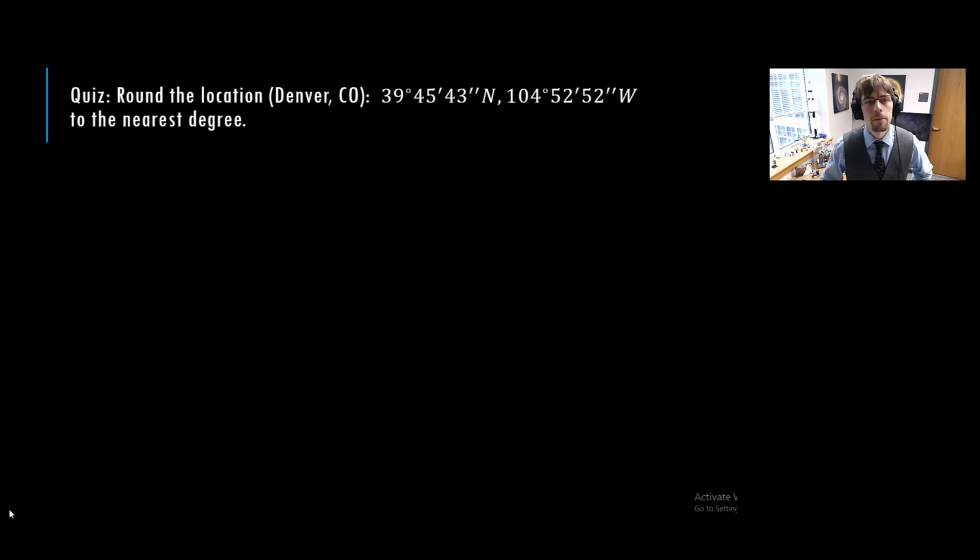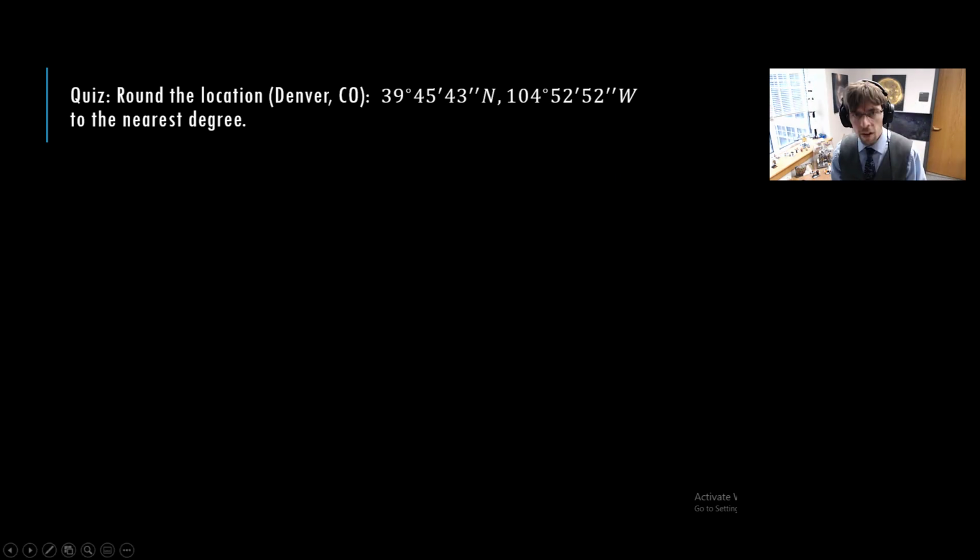Next question for you. Here's the GPS coordinates for Denver, Colorado. You notice again, degrees, and then we have some extra numbers following. Round it to the nearest degree. You got it? Yeah, good. Pause it if you don't, of course.